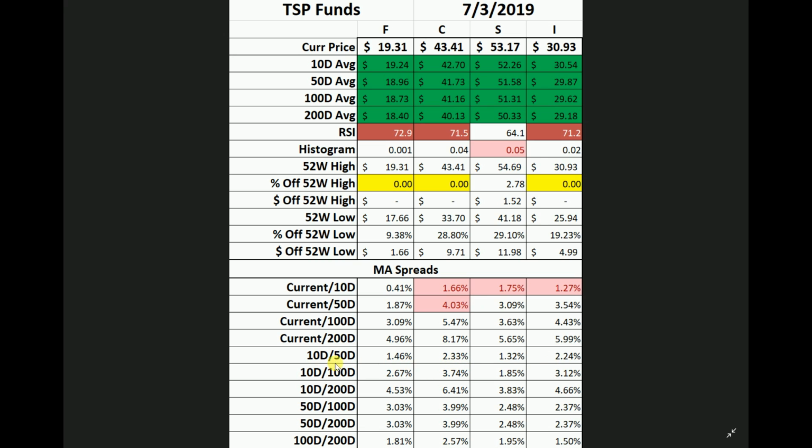And then the same with the moving averages relative to each other. I don't think I have flags set on them, but I'm more interested in knowing how far apart they are from each other. If they're within less than 1% of each other, that's usually a good sign to me. They're all bunched up more tightly. In fact, if they're more like 0.5% off or something, that's even better.